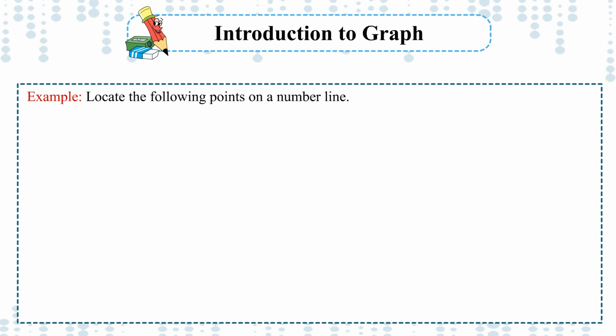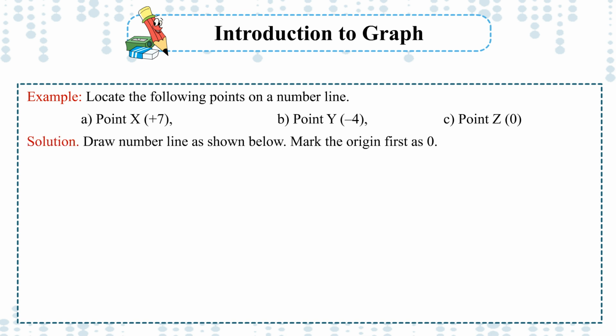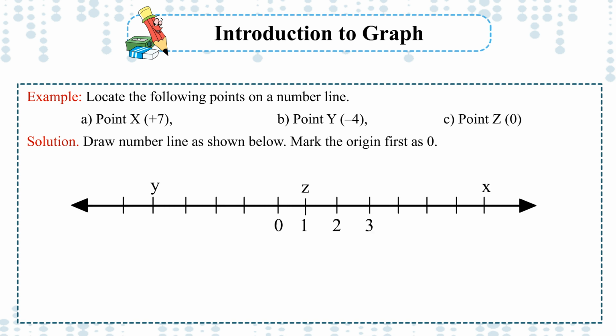Example: locate the following points on a number line. A. Point X +7. B. Point Y -4. C. Point Z 0. Solution. Draw number line as shown below. Mark the origin first as 0.